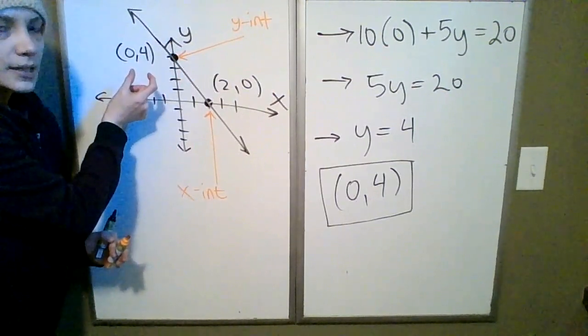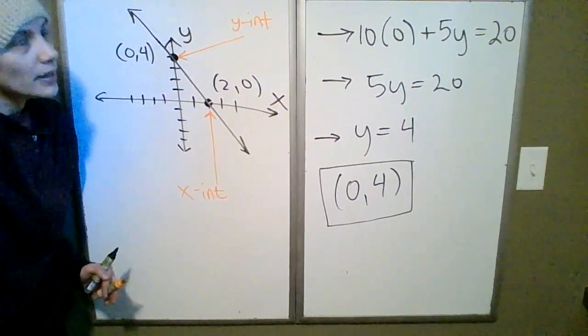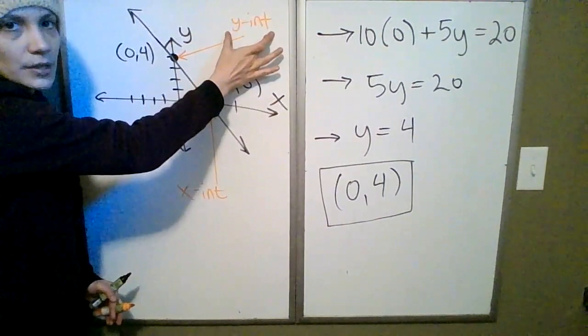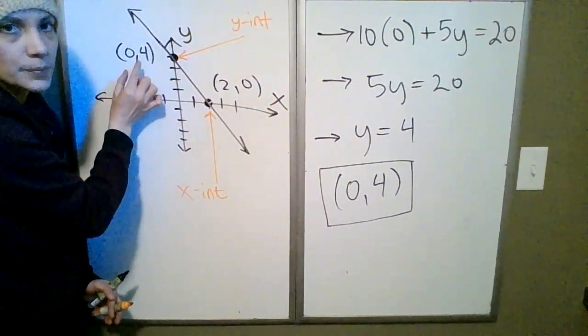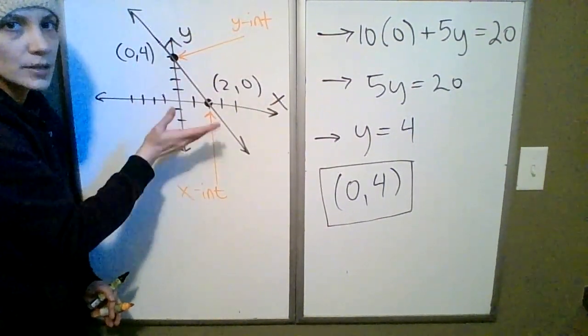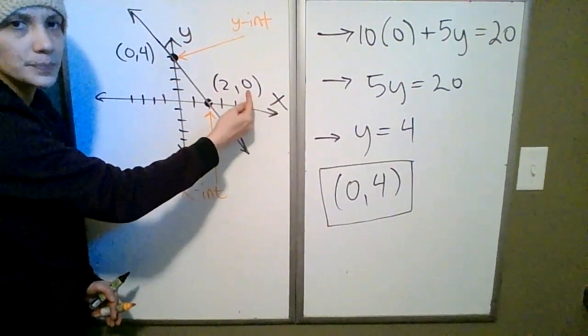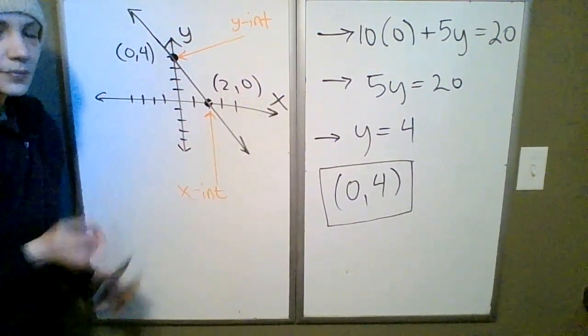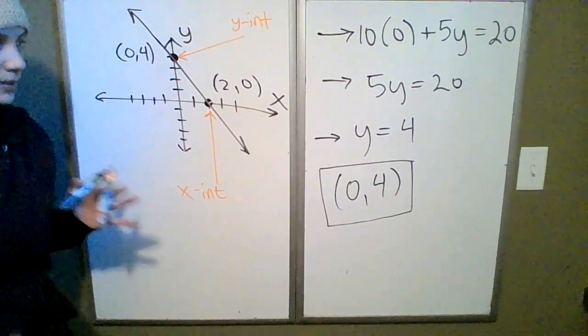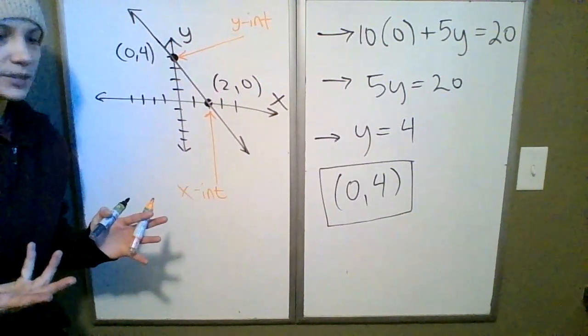So it kind of is a part of the name. The y-intercept occurs when x equals 0. The x-intercept will always occur when the y value equals 0. Okay, let's do another example of a line.